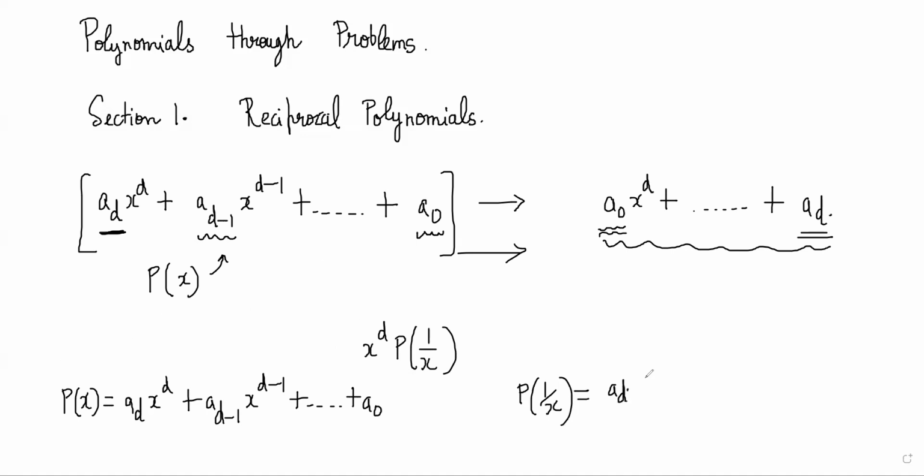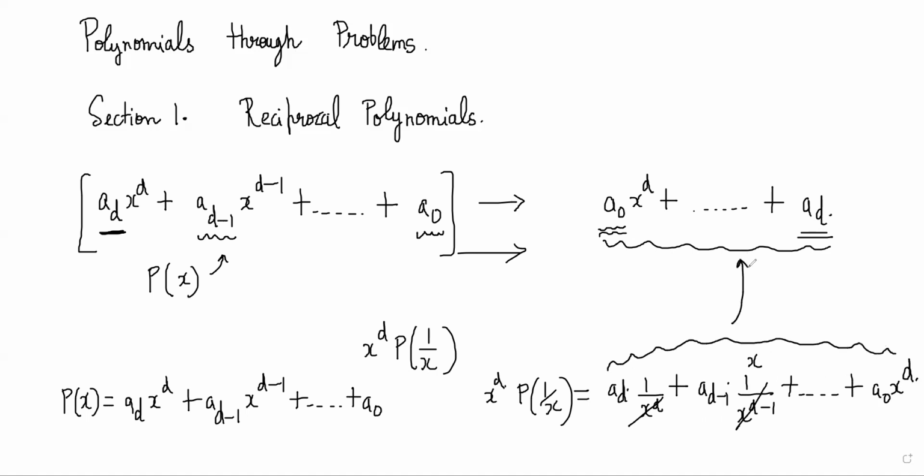P of 1 by x would be a_d by x power d plus a_(d-1) by x power d minus 1 and so on till a naught. And if you multiply this with x power d, the x power d gets cancelled in the first term, and here there is an x, and here there will be an x power d, right? So you end up with the reciprocal polynomial here. So the standard technique to go from p of x to its reciprocal is to calculate x power d p of 1 by x. This is the reciprocal polynomial.